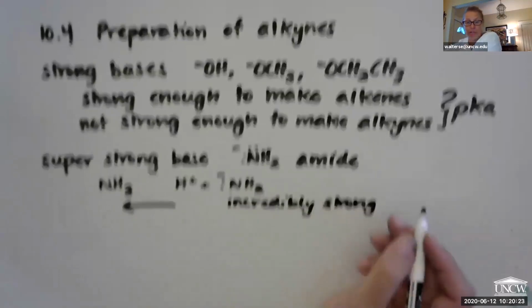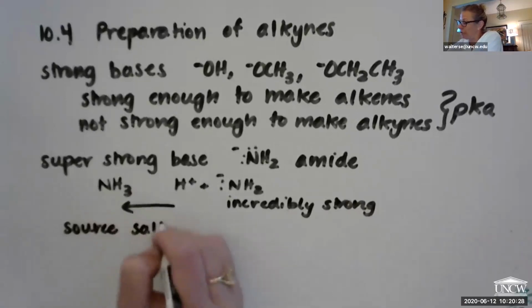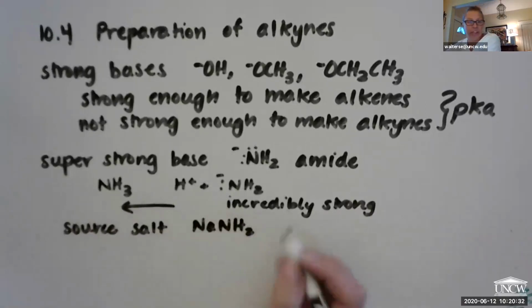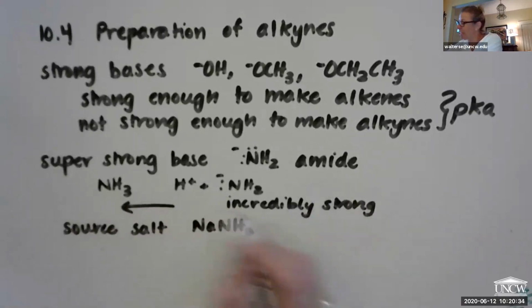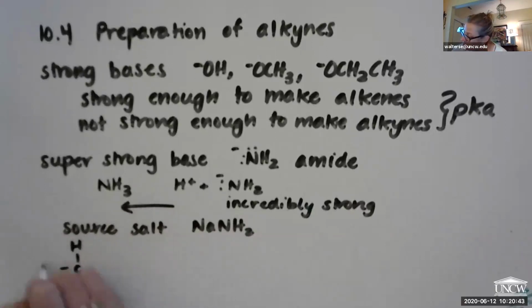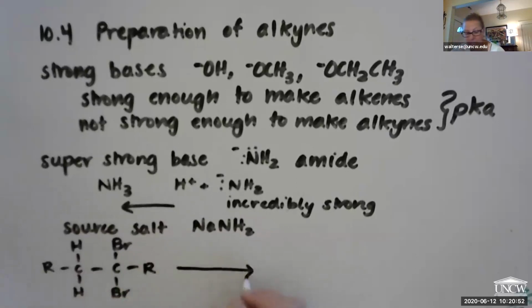Now the source is a salt, like sodium amide or lithium amide. You just have to get the amide into solution. And so what you would see is if you had, let's just use a geminal dihalide, you want the elimination reaction to happen 2 times.